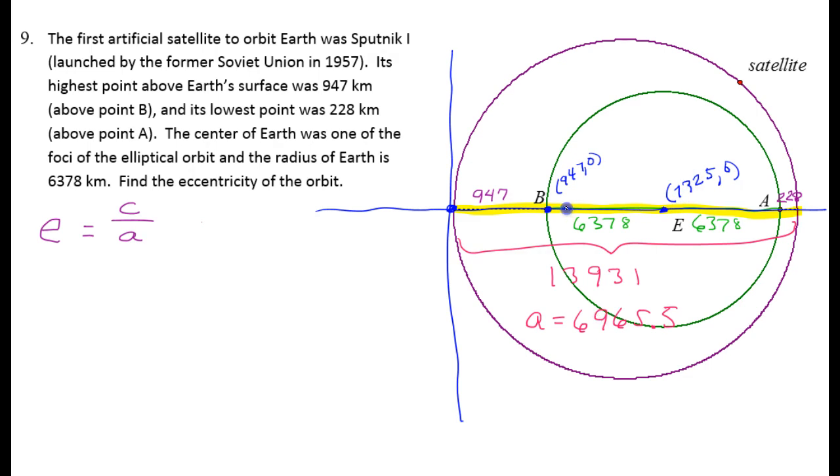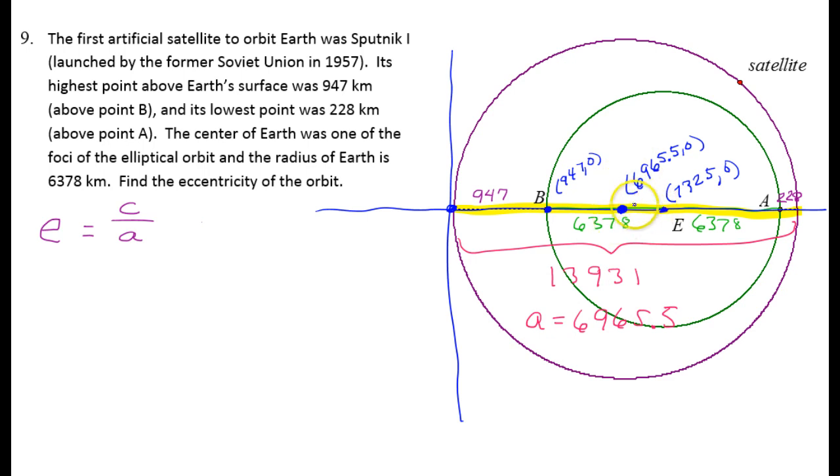I'm just going to put a mark right here. So the coordinates of this point would be 6,965.5, comma 0, because that's the A value. That's half of the major axis. So from this origin to the center is the A value.